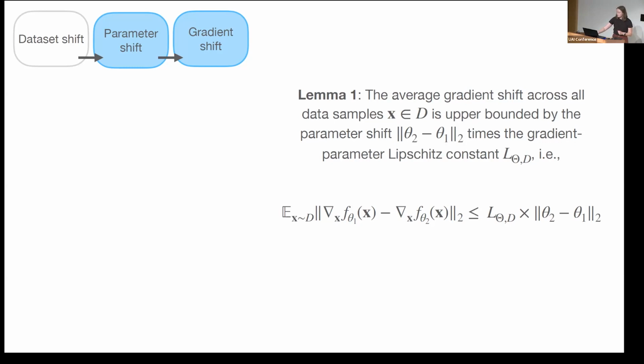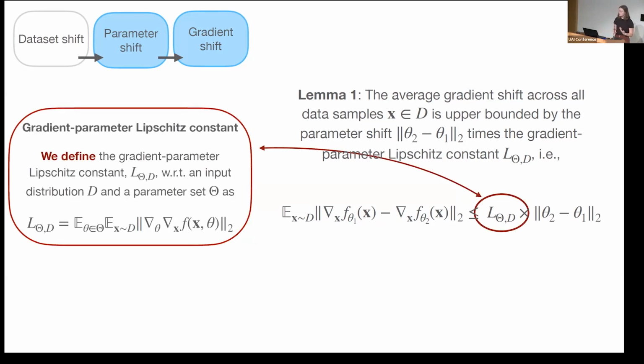So again, to walk through this, the first thing that we should define is the gradient parameter Lipschitz constant. This is one of our contributions, defining what this constant is. What we're going to say is it's the expectation over all possible theta in some parameter set, and then the expectation over all x in our input distribution.